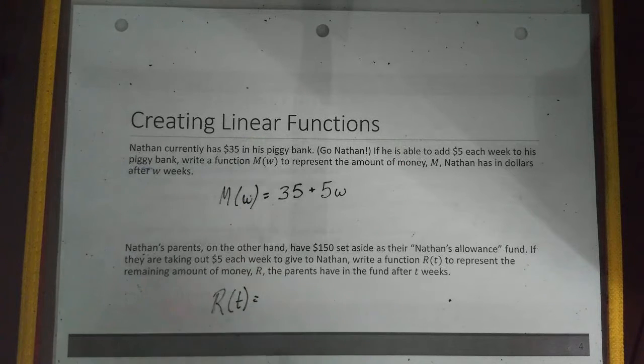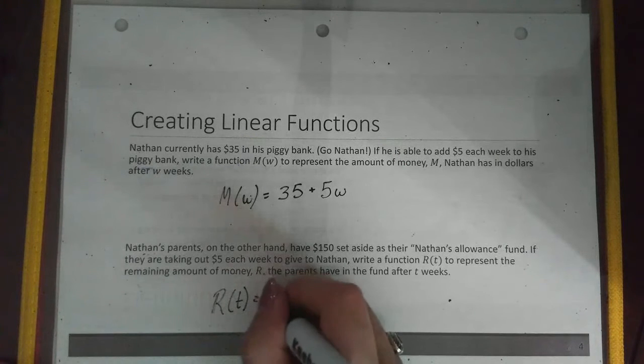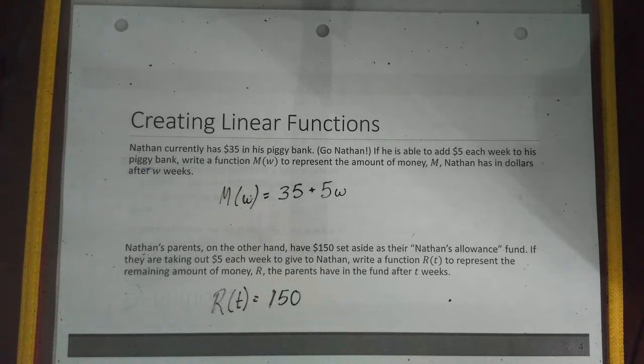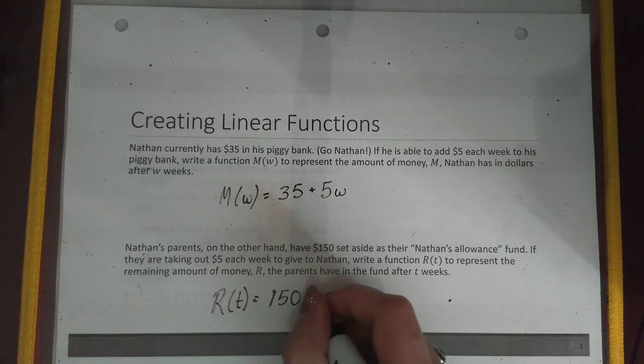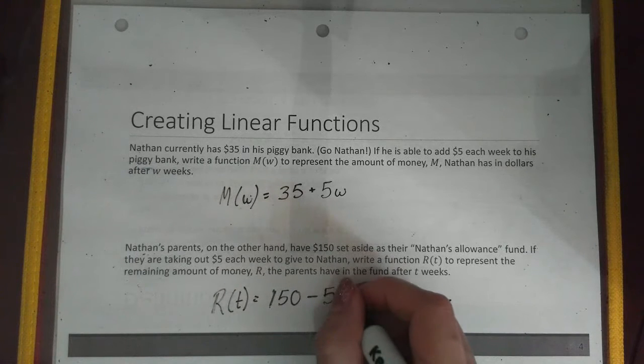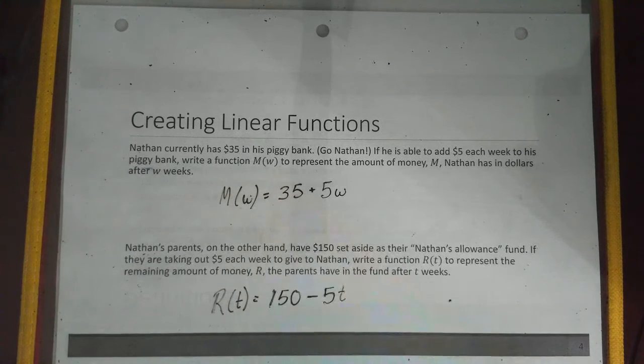The parents started off with $150, so that's their initial value. They are taking out $5 each week, so they are losing or subtracting $5 each week. This time our input variable is t for the number of weeks. So we start with $150 and we subtract $5 each week. So we're getting the function r of t equals 150 minus 5t.